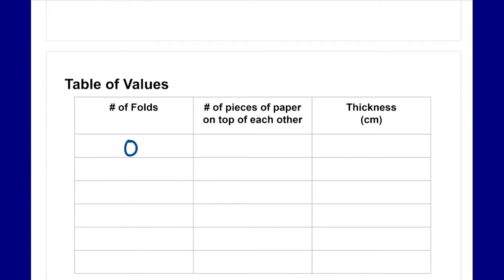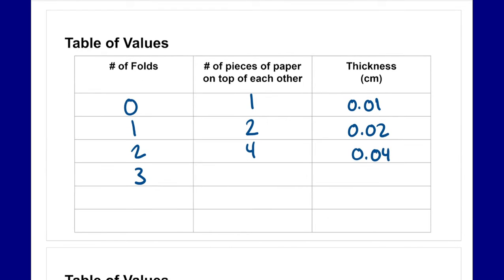With 0 folds, there's 1 piece of paper, and the thickness is 0.01. 1 fold, there are 2 pieces of paper on top of each other, 0.02. 2 folds, there are then 4 pieces of paper on top of each other, or 0.04. 3 folds, those 4 pieces of paper get folded, and there are 8 pieces, 0.08 centimeters. 4 folds, 16 pieces. So now we're at 0.16.